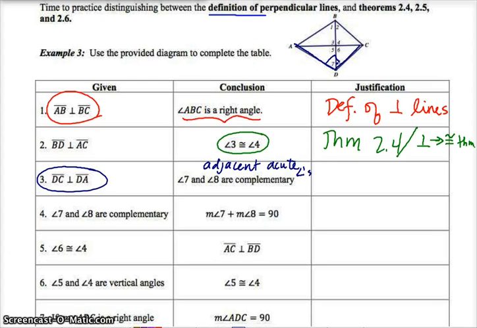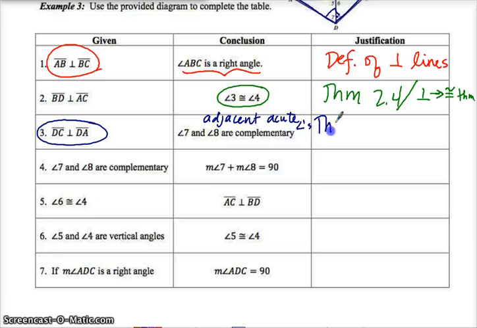Well, I told you that their sides are perpendicular, therefore the two angles are complementary. Okay, so that is my split complements theorem. Theorem 2.6, or the split complements theorem. Same.